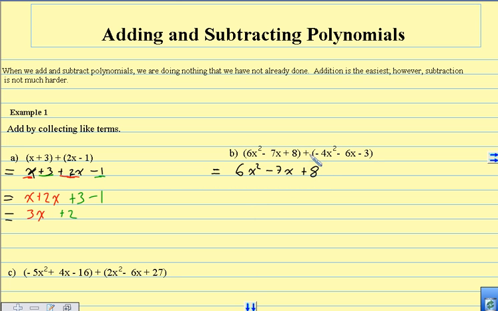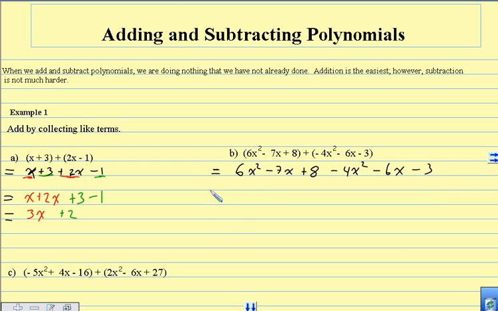Okay, and since I'm adding, I can simply drop the brackets on the polynomial on the right, and I'll just keep the same sign in front of each term. So plus negative is still minus 4x squared, plus negative 6x is minus 6x, and plus negative 3 is minus 3.